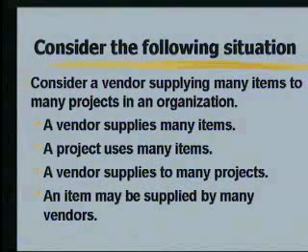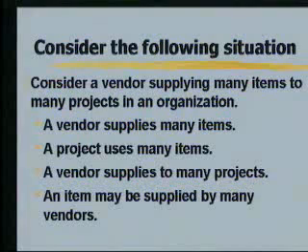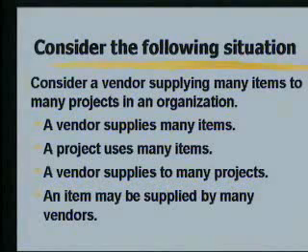Now, how that problem can be visualized is in a situation. Let's consider a vendor supplying many items to projects in an organization. Now, what are the constraints in that? A vendor can supply many items, a project can use many items, and a vendor can supply to many projects.